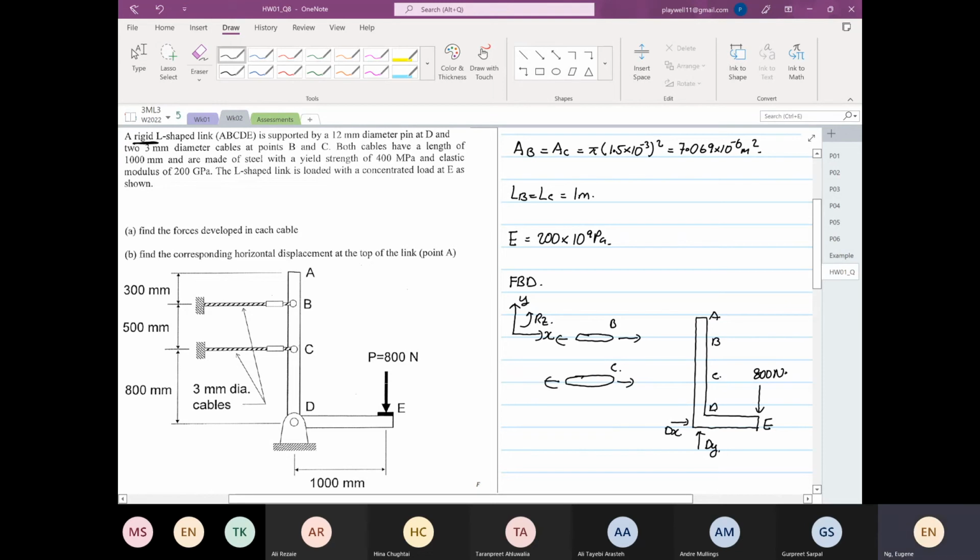You apply Newton's third law, action equals reaction, so this will be coming back. This is your FB and this will be your FC.